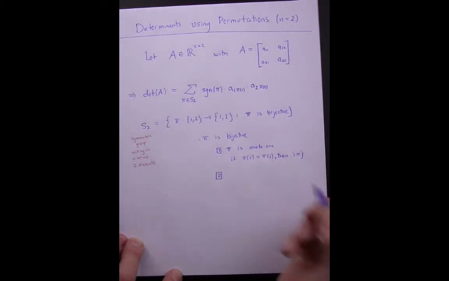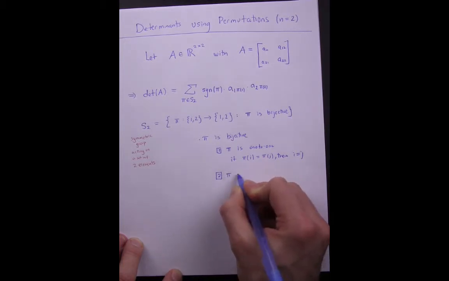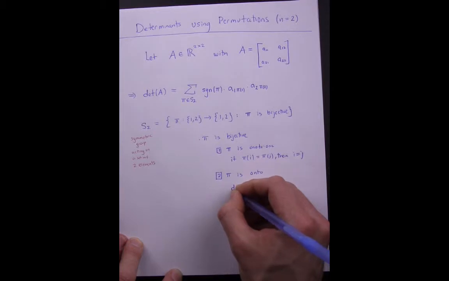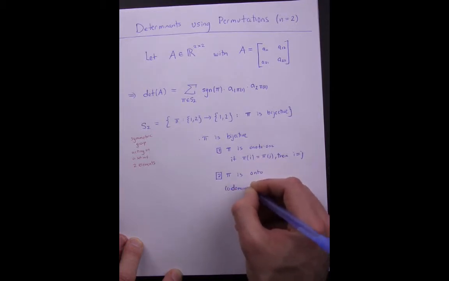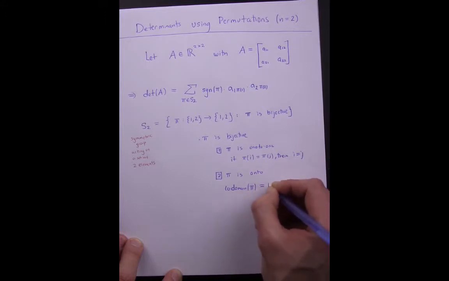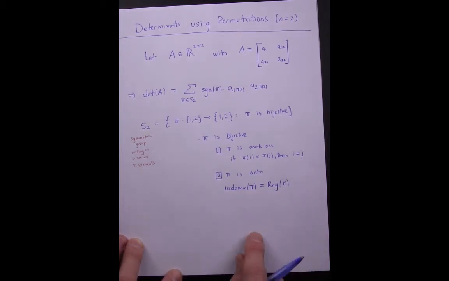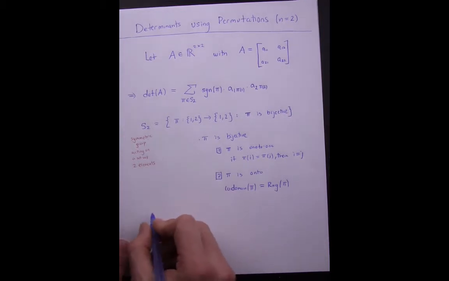And the second thing it means is pi is onto. And this means the codomain of pi is equal to the range. Everything in the codomain is also in the range. All right, so let's go ahead and look at each one of these.